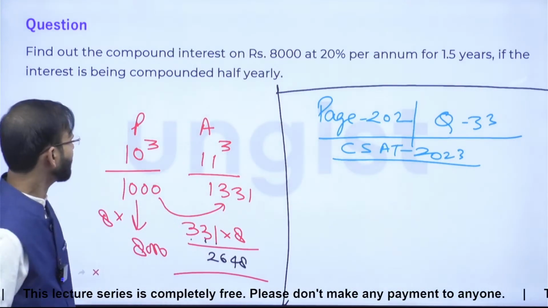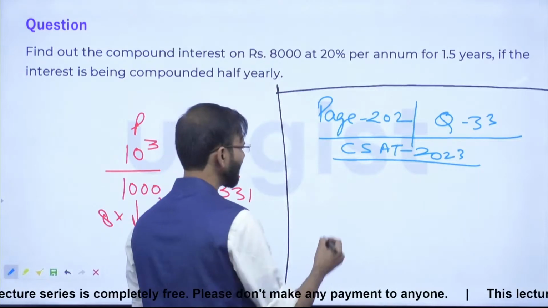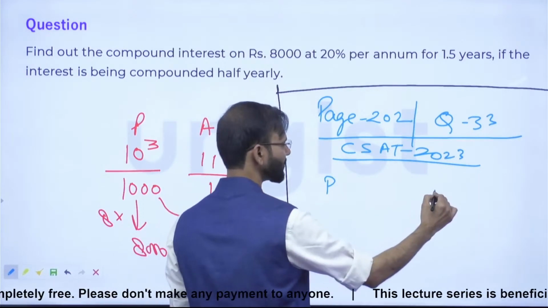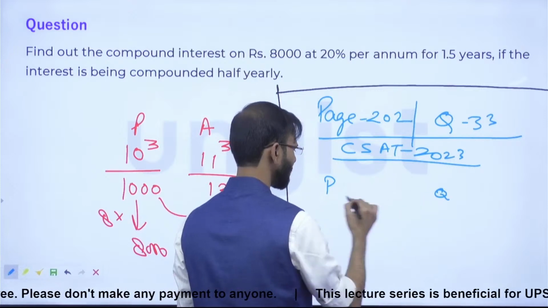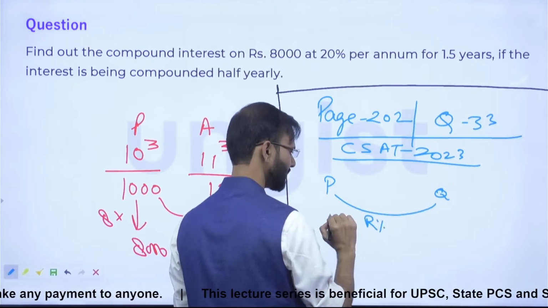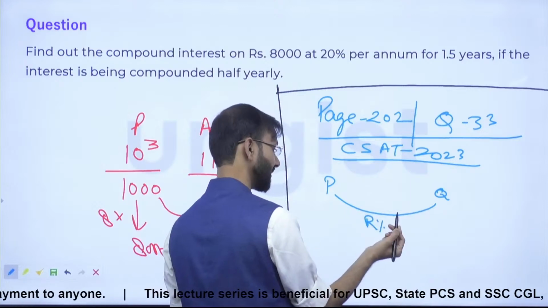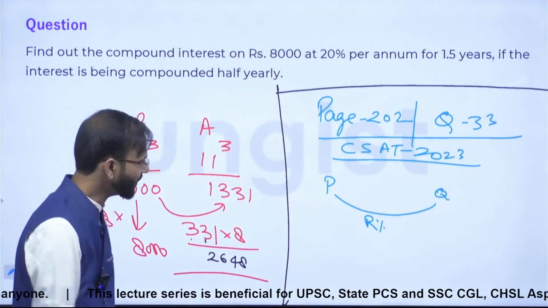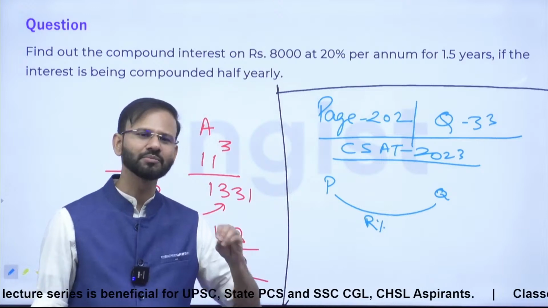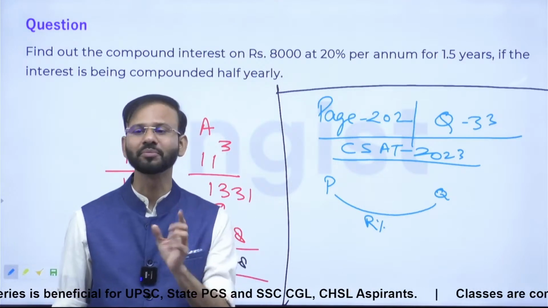Tell me, what is written? P becomes what? Q, at R% rate of interest, if compounded half yearly. That is what is written, right? Guys, I don't know PQR. In daily life I don't talk in terms of PQR. I talk in terms of numbers.